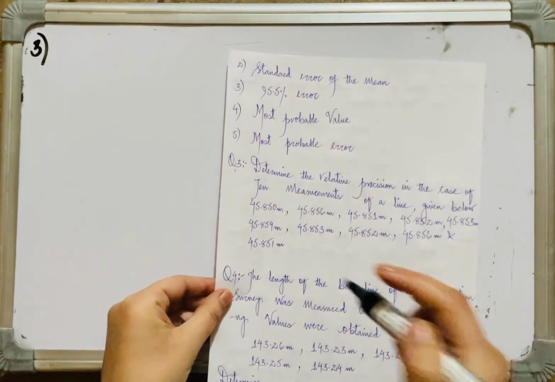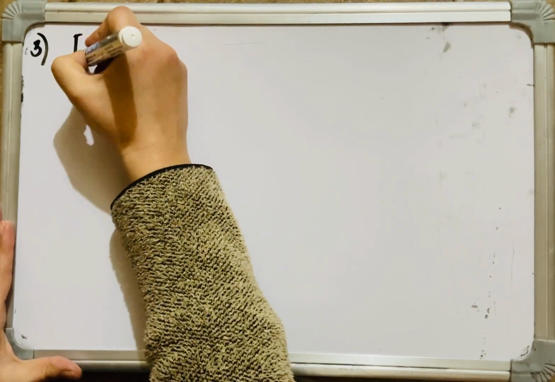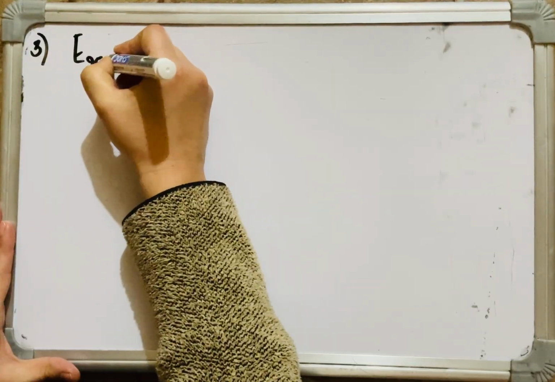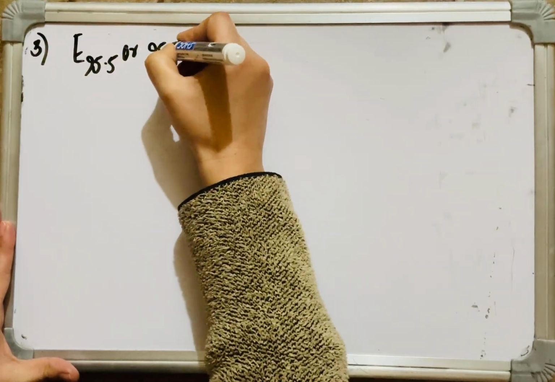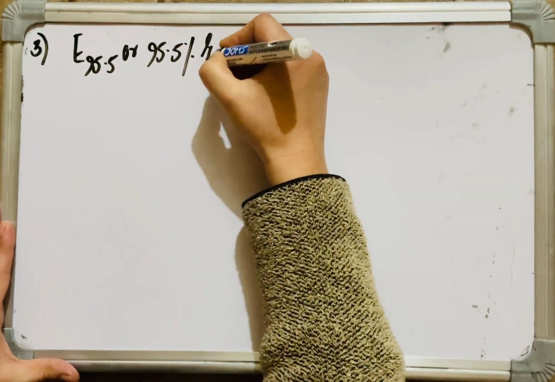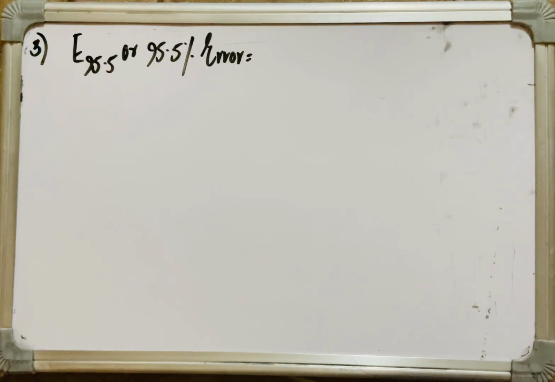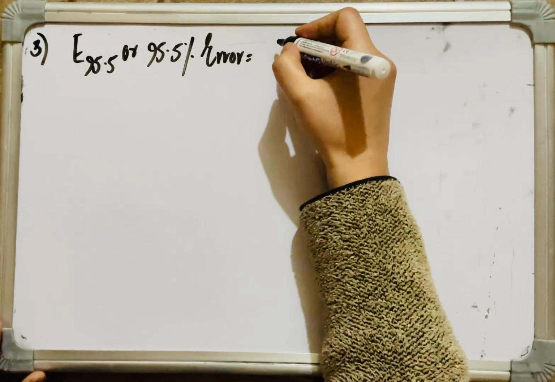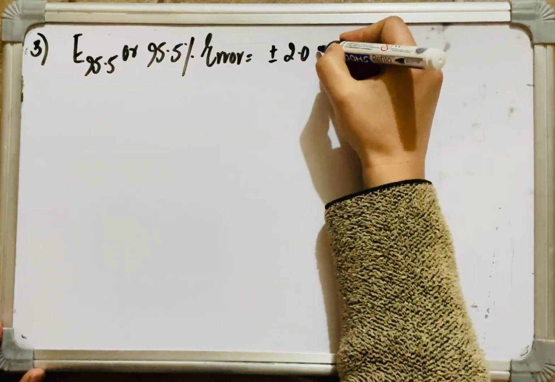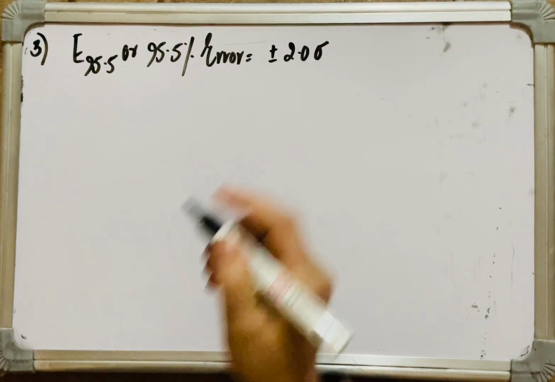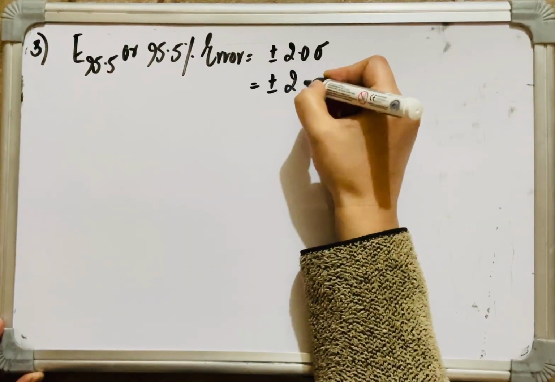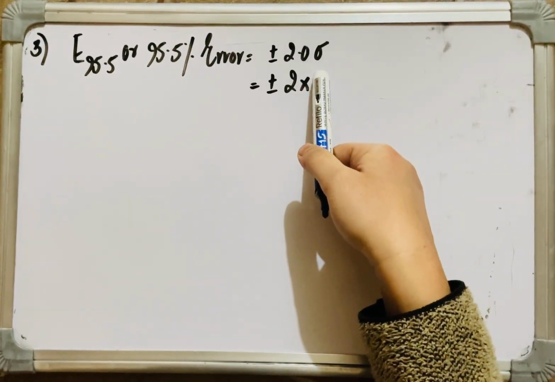All right, now what does it ask? We have to calculate the 95.5% error, which is also expressed as E95.5. You know that it is equal to plus minus 2 sigma. That means it's plus minus twice the sigma, or standard deviation, that we calculated.